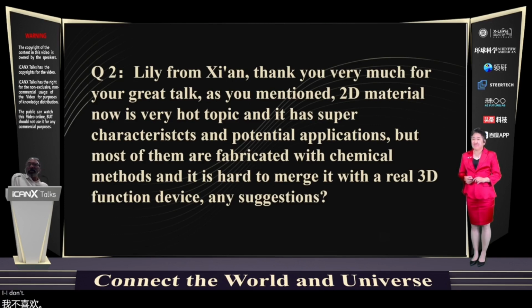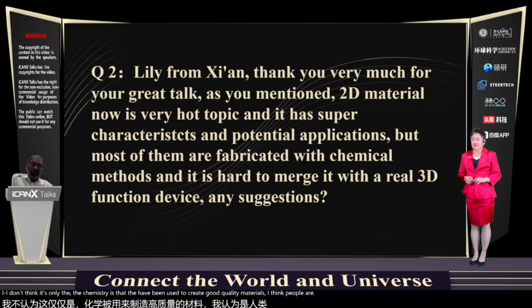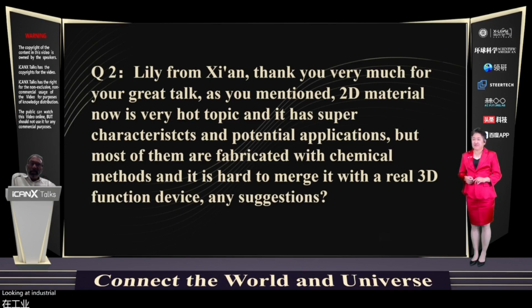I don't think it's only the chemistries that have been used to create good quality materials. People are looking at industrial types of deposition methods to make these structures. There's always a time lag between what we do in the lab and what is ultimately adopted by industry.